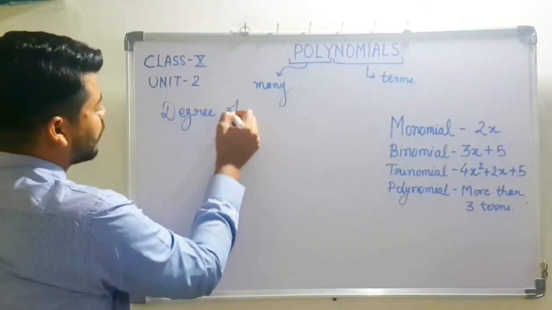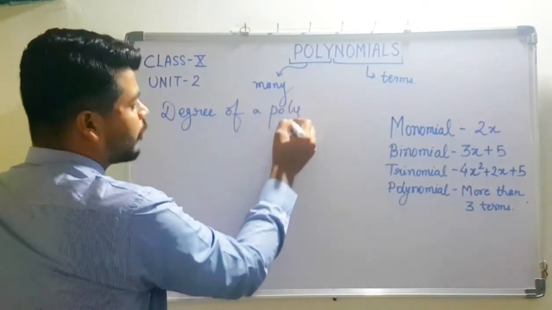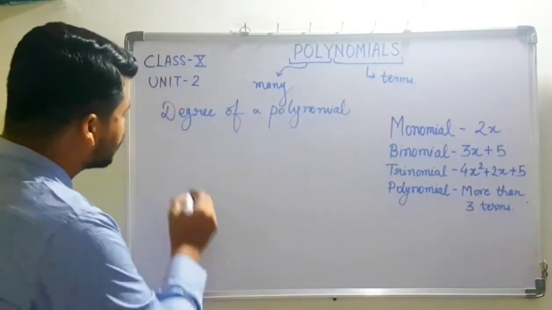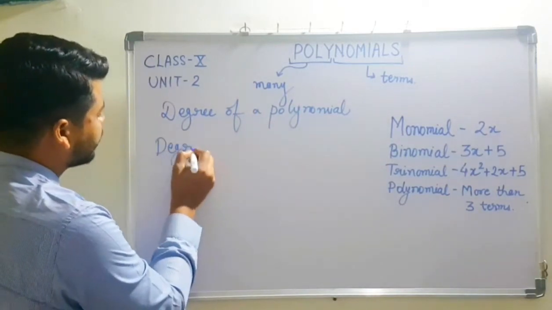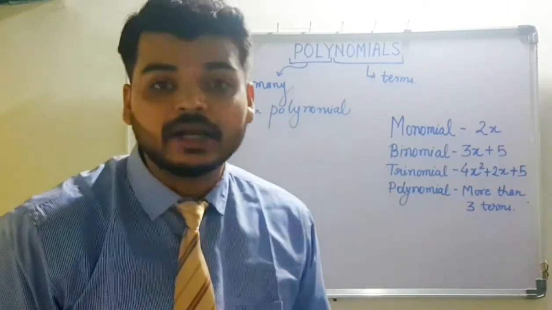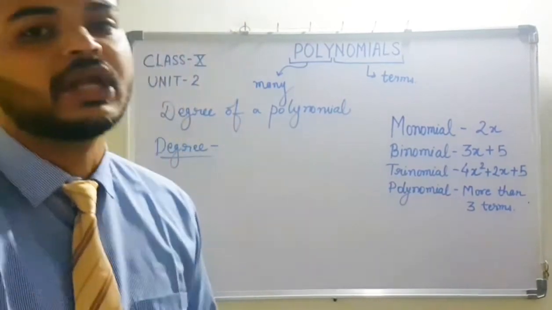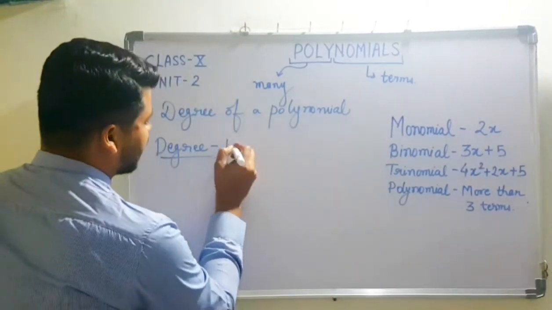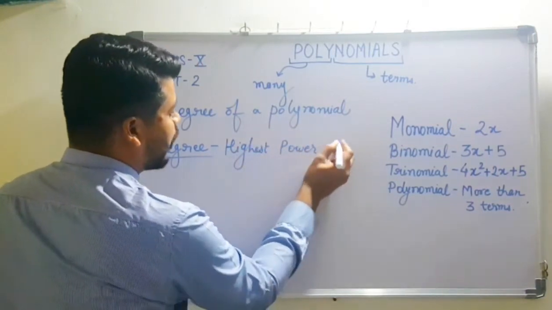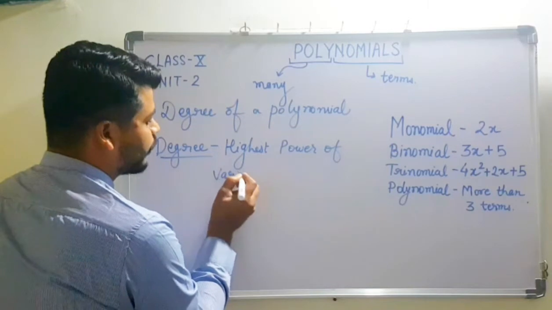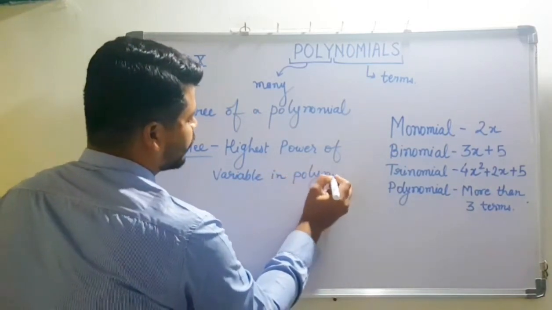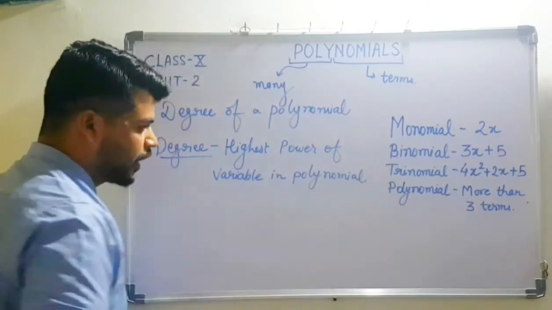Degree of a polynomial. So what do we mean by degree? Degree is the highest power of a variable in a polynomial expression.